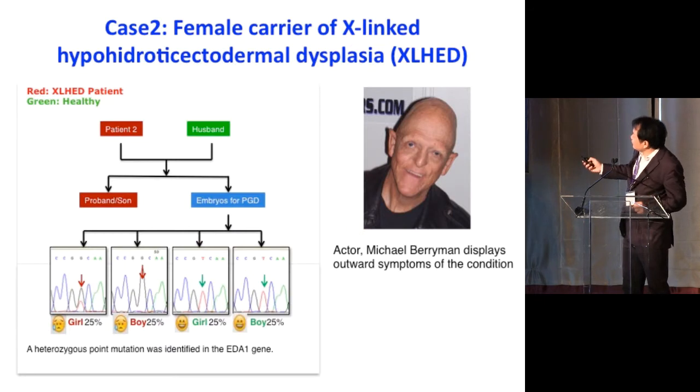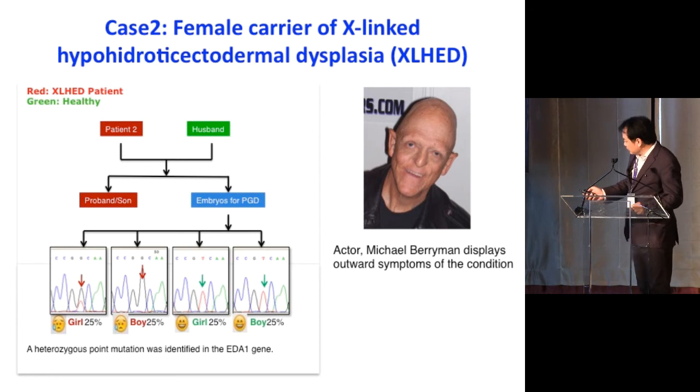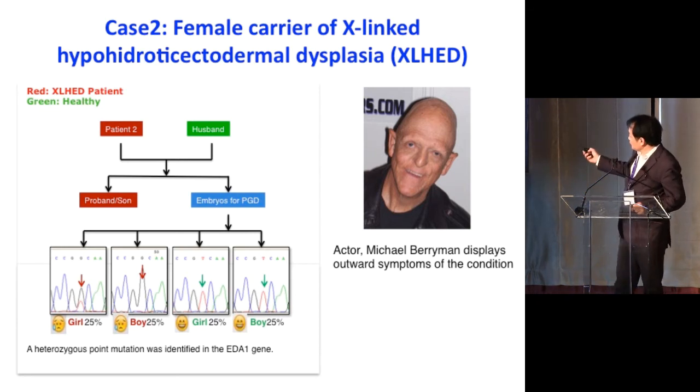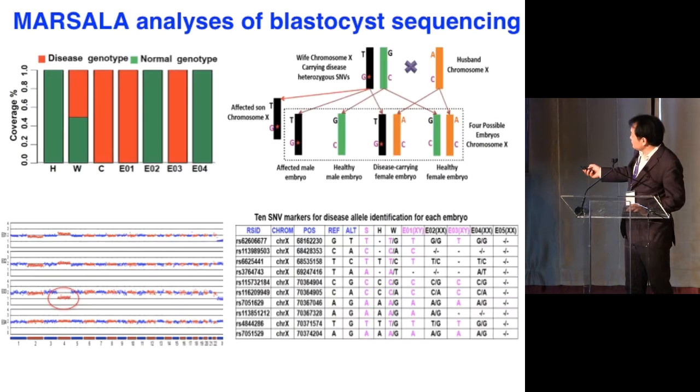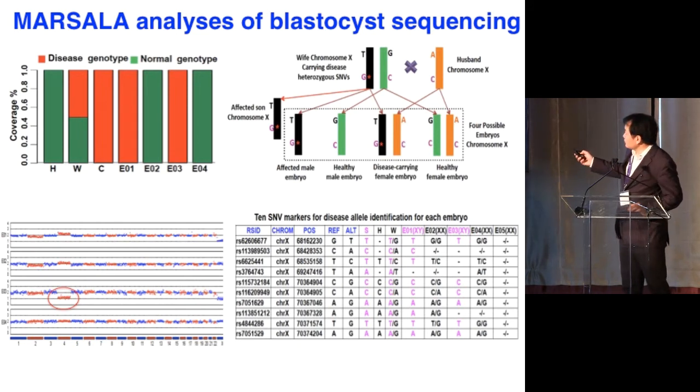The second case, the problem came from the female's X-linked disease, and the symptom, some of you know this actor has been campaigning for research on this disease. So this is all due to one point mutation in the EDA1 gene. And so in this case, we did the linkage analysis by sequencing the parents and their first son.